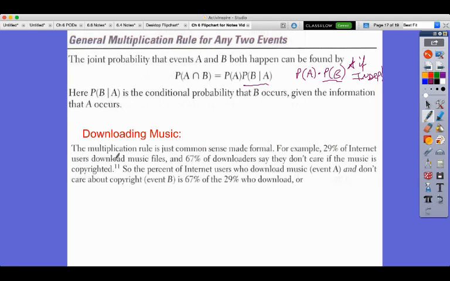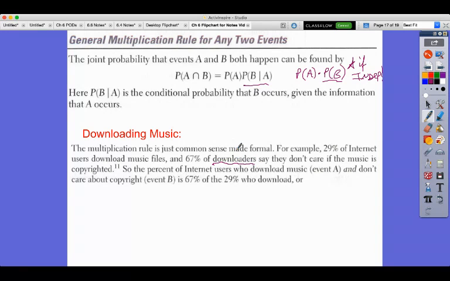29% of internet users download music files. 60% of downloaders say, I don't care if it's copyrighted. The percent of internet users who download music, event A, and don't care about copyright, event B, is 67% of the 29% who downloaded it, okay? So 67% of the downloaders, given that they're downloading.